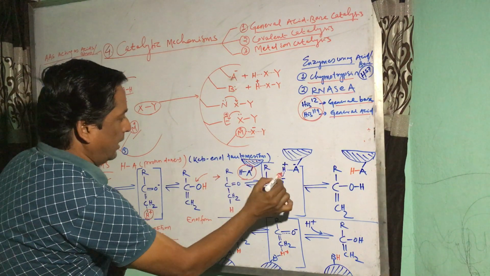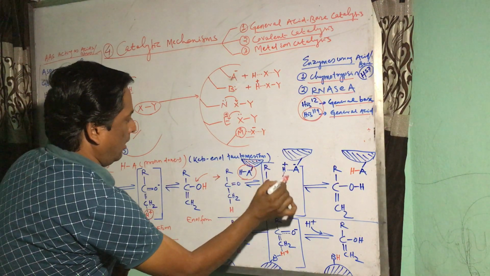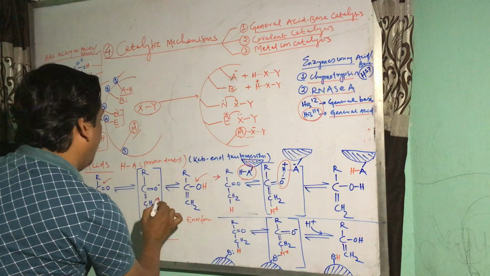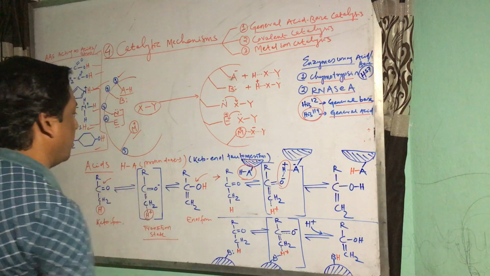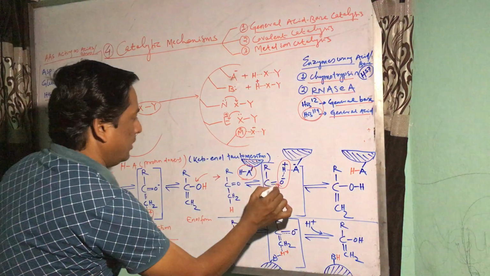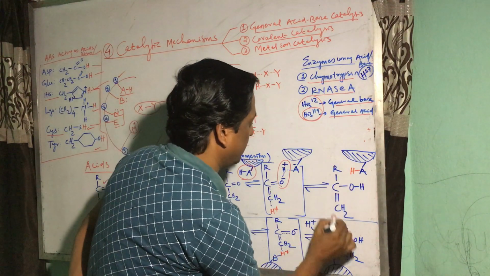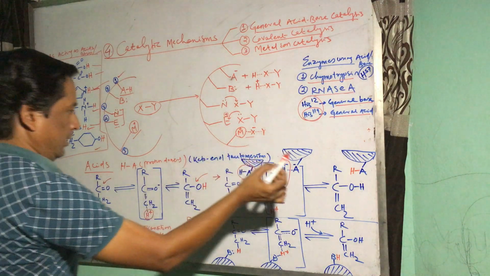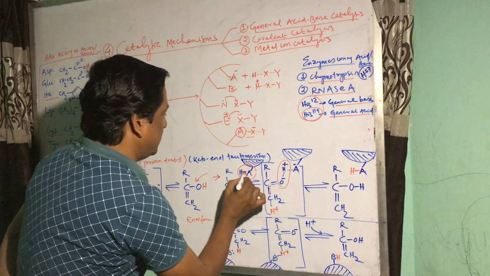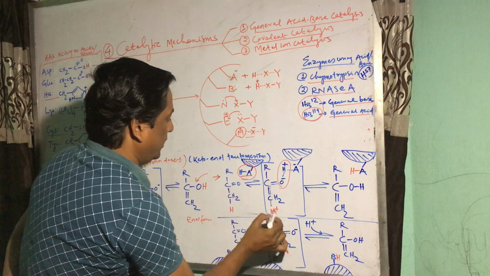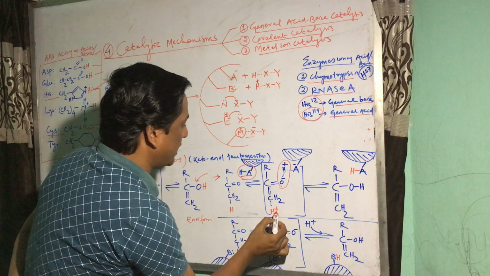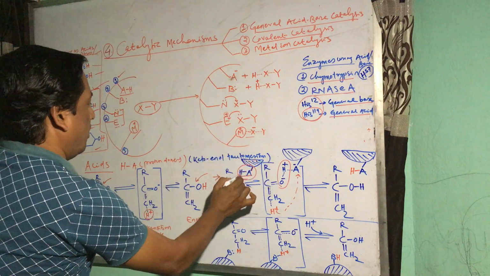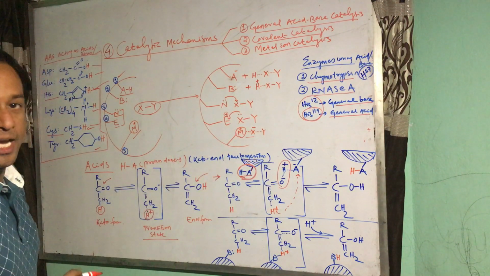This HA can stabilize the negative charge developed on the oxygen of the carbonyl group, so that this will facilitate the conversion of the keto form to the enol form. And this H+, which is donated by the HA group, is again regenerated when the H+ is accepted by this group. Hence, the HA group from the enzyme is regenerated.